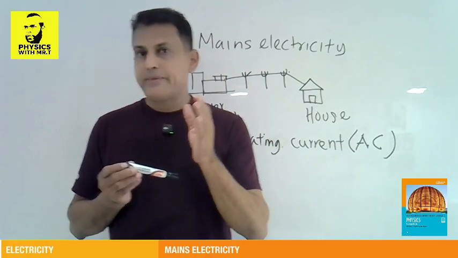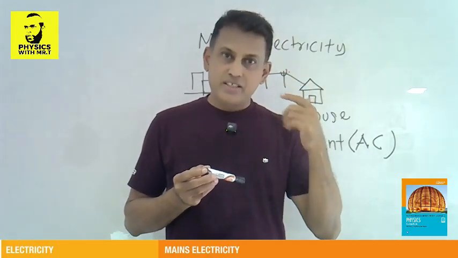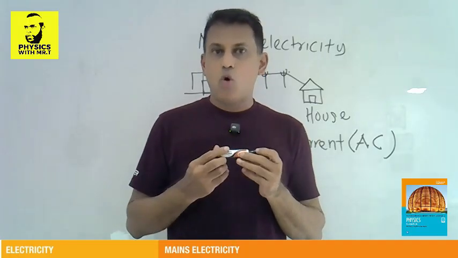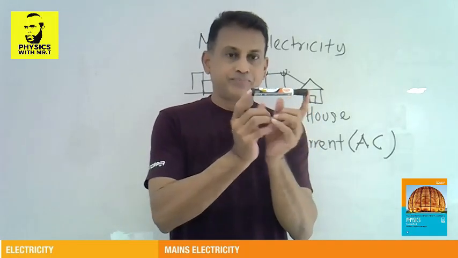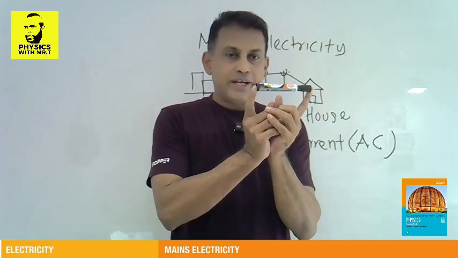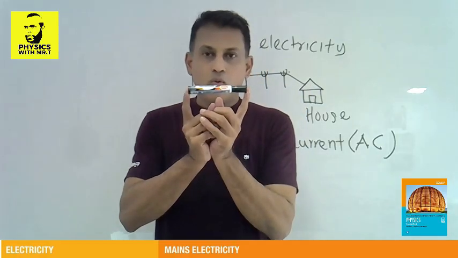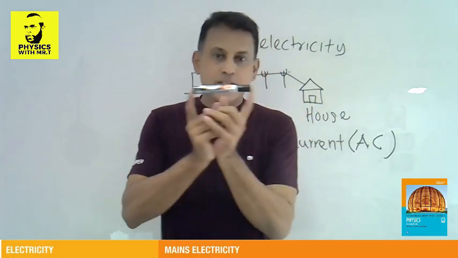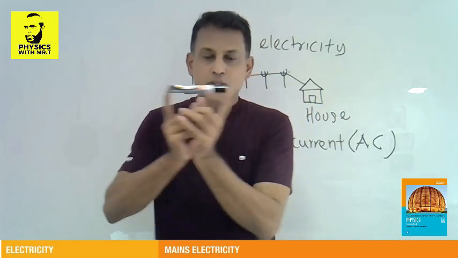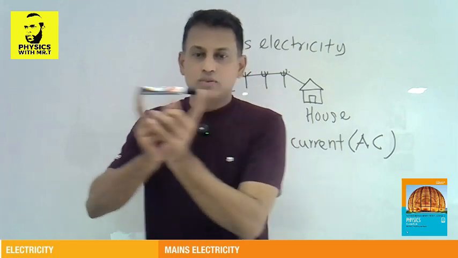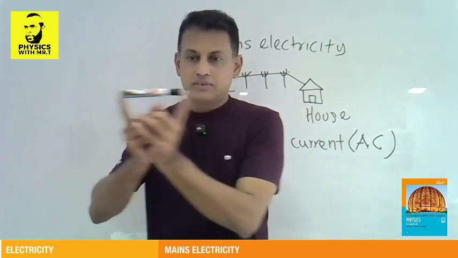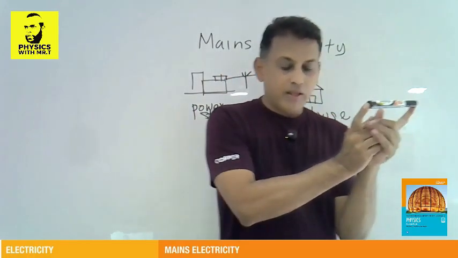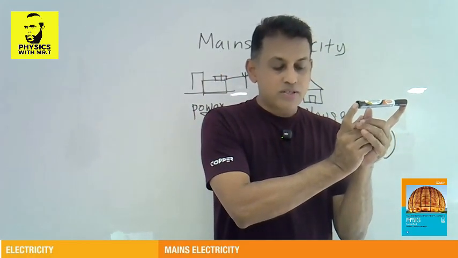As we learned, the current is a flow of electrons. Then there are two ways of flow of electrons. One is, the electrons flow in one direction, and again go backward. So it goes like this. The electrons move in a cycle.